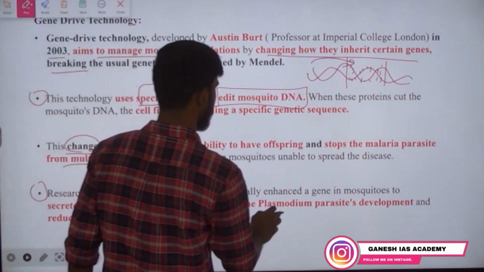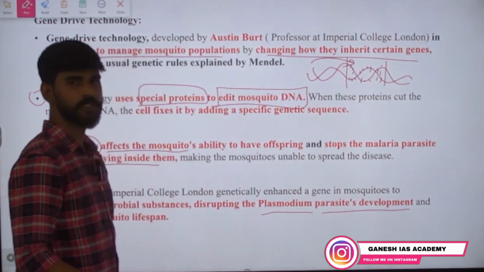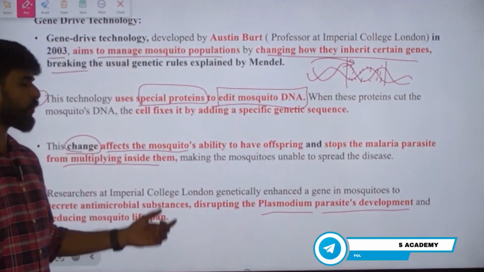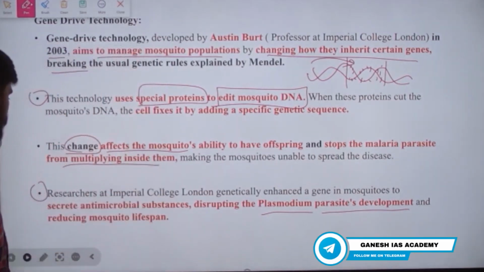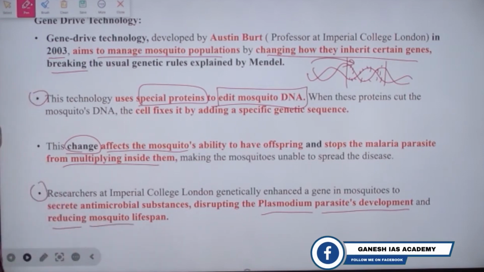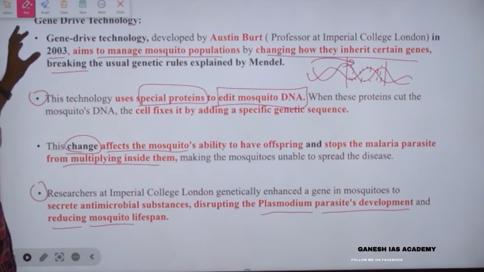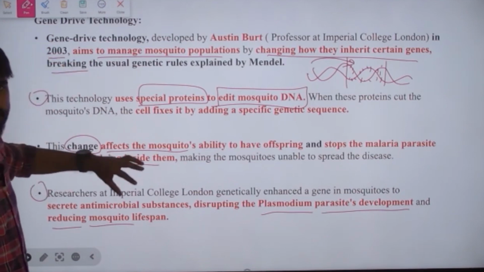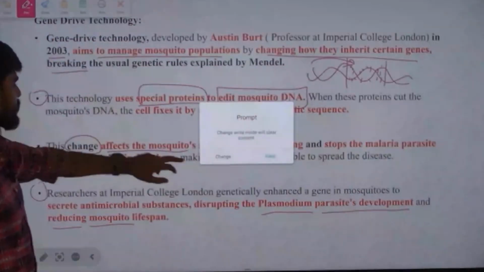Okay, this Plasmodium parasite is the reason for malaria spread, and then reducing mosquito lifespan. Okay, so this is how gene drive technology is being used to control mosquitoes.